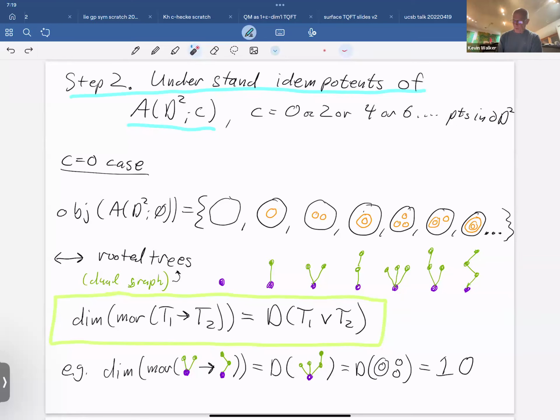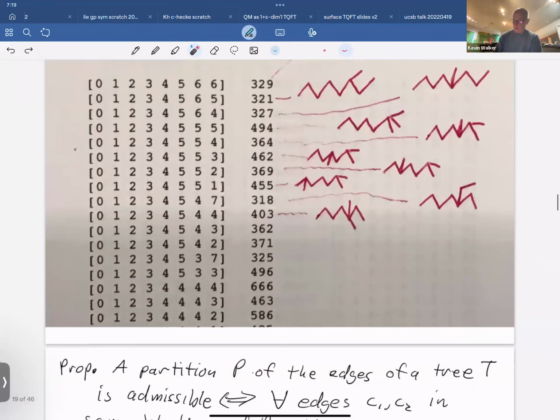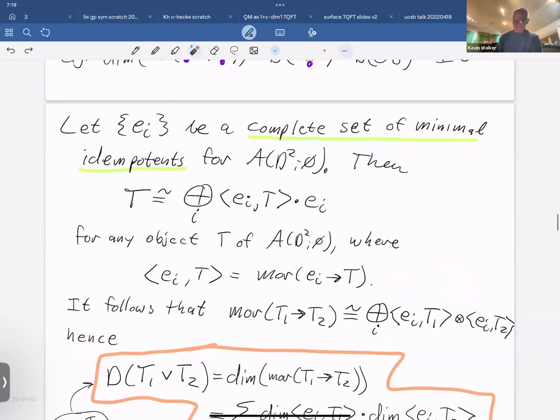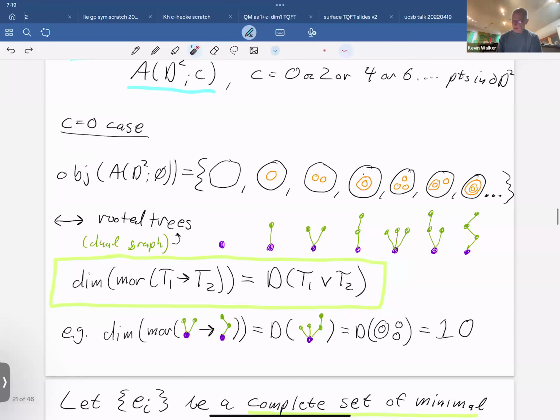And the dimension of the morphism space from a tree T1 to a tree T2 is this dimension function, this function I was drawing up here, for the, I'm not a graph theorist, so if I take two rooted trees and I join them at the root, that's what I mean by this. There's probably a name for it, but I don't know what it is.